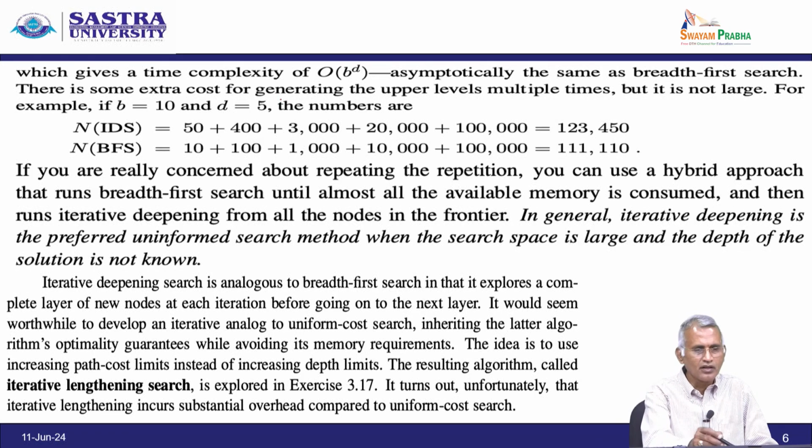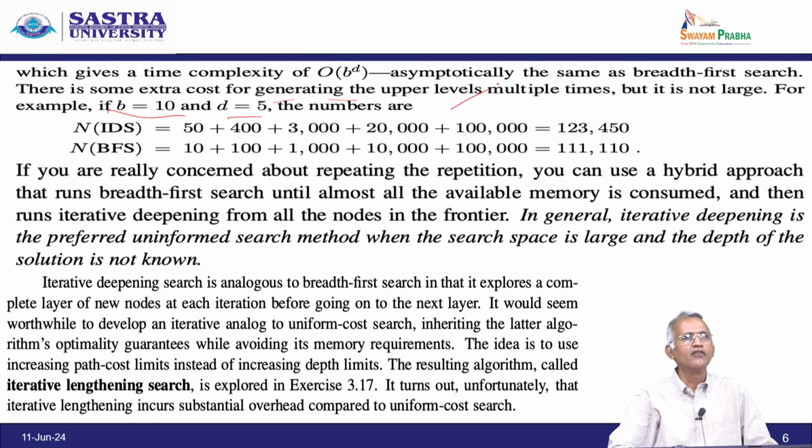There is some extra cost for generating the upper levels multiple times, but it is not large. For example, for b equal to 10 and d equal to 5, the number of nodes for IDS is 50 plus 400 plus 3000 plus 20,000 plus 1 lakh, equal to 1,23,450, whereas the breadth first search is 10, 100, 1000, 10,000 and 1 lakh, equal to 1,11,110.